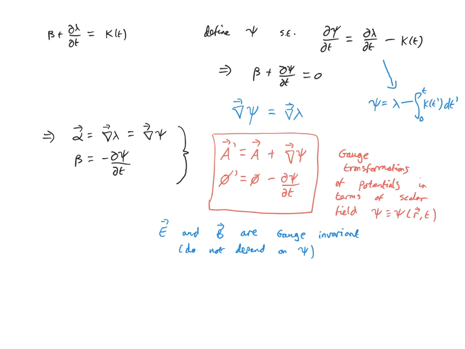It refers to an internal symmetry of the potentials, and this is something that can be applied at every point in space and time. The set of possible gauge transformations forms a so-called group, and this is called the gauge group of the theory.